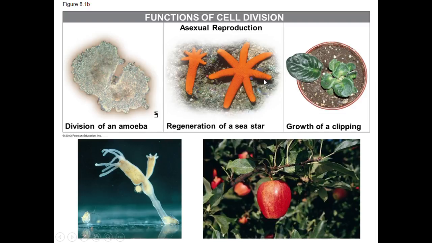Then we have regeneration of a sea star. Here, this is a leg that broke off of the parent and is turning into its own sea star. That's pretty cool. And here we have a clipping: putting down a leaf and growing a new plant out of it. You can do this with the tops of pineapples. You cut the top off a pineapple, plant it, and you should have another pineapple grow.